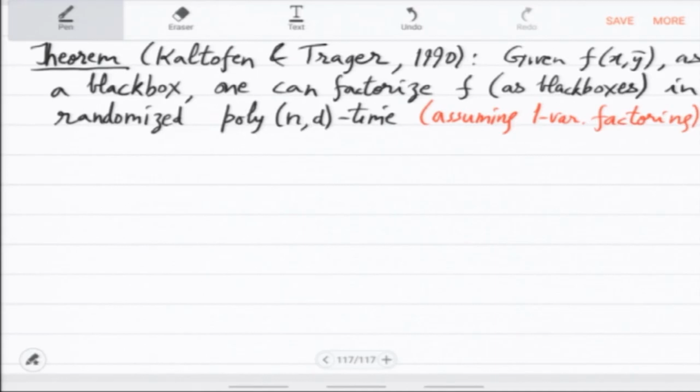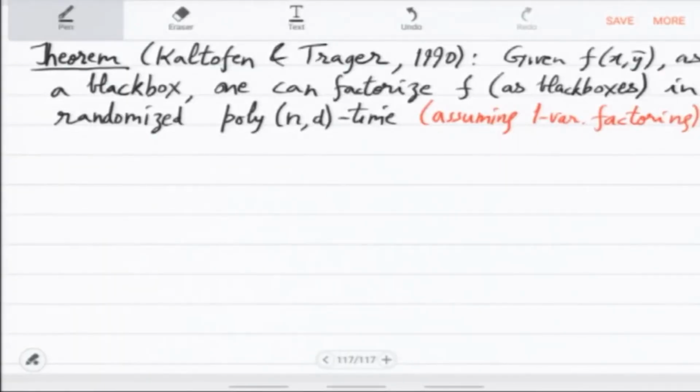Okay, so this is a major result in computational algebra as well as computational complexity, because this is saying that even oracles can be factored into oracles, right? And remember that a polynomial given as an oracle usually has exponentially many monomials.